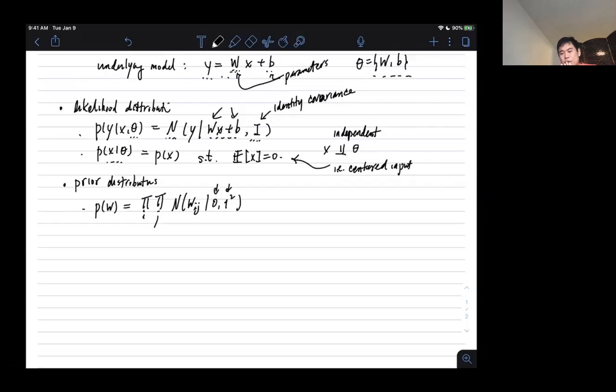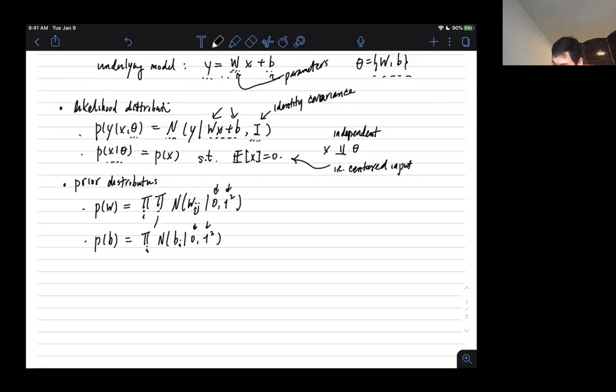So this is potentially the least interesting or informative prior distribution we can use. And similarly, for the bias vector, we're going to do the same thing. We're going to go through every single element in the bias vector, saying that each and every one of them follows a standard normal distribution as usual.